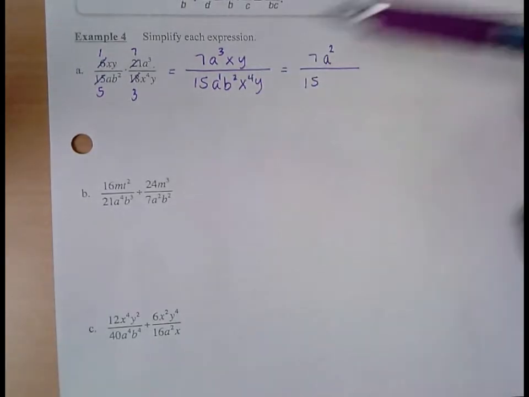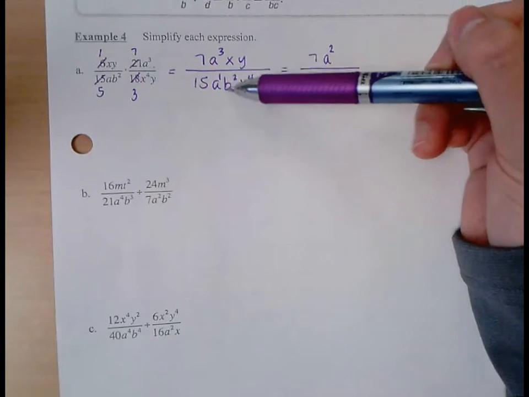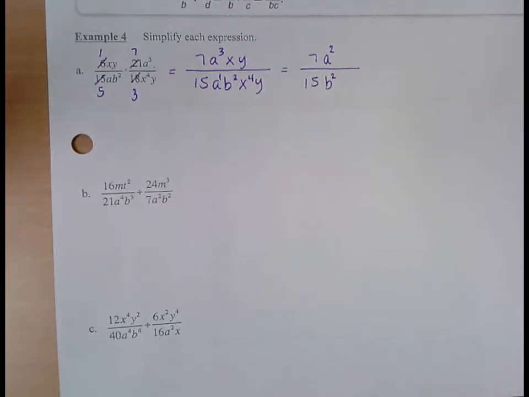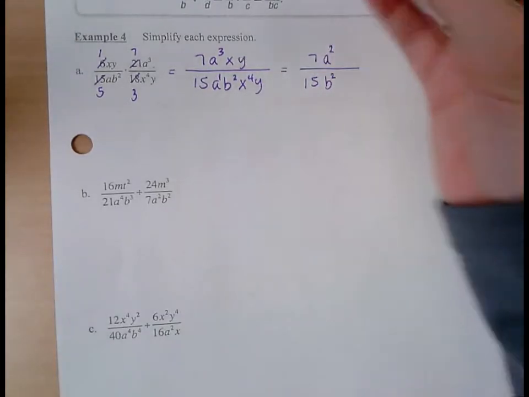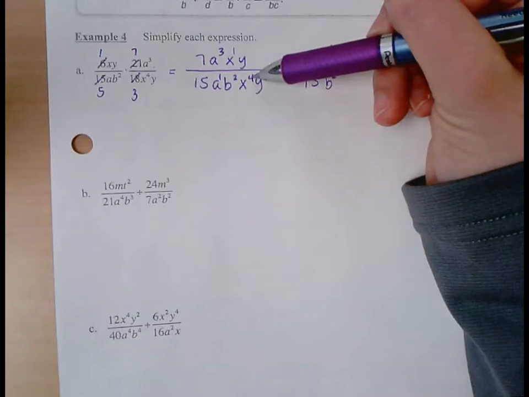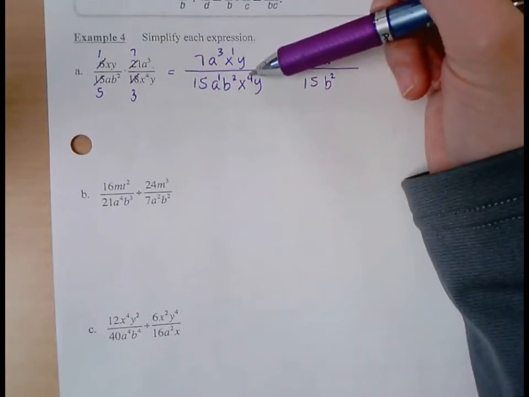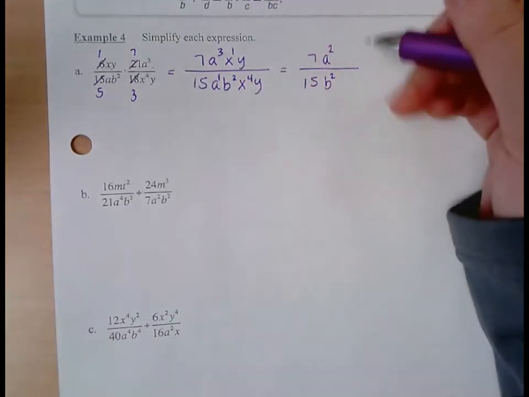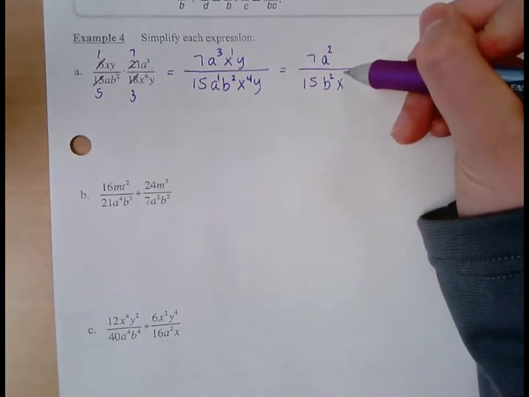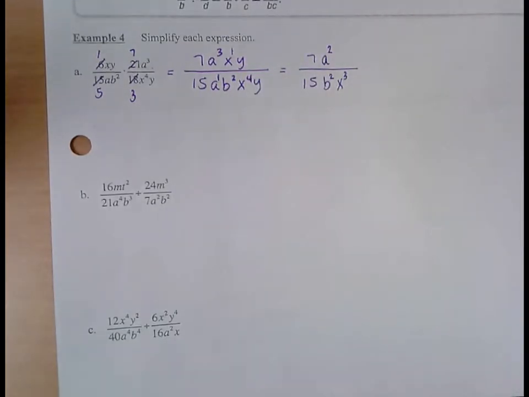And then for b, I only have a b squared on the bottom, so that's going to stay on the bottom. For x, I have an x to the first on the top and x to the fourth on the bottom. So if I subtract 4 minus 1, that's x to the third. Since the x to the fourth, the larger, is on the bottom, I'm going to have x to the third on the bottom.